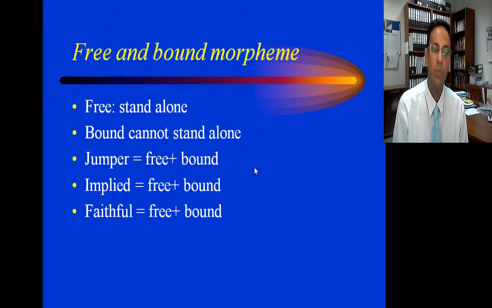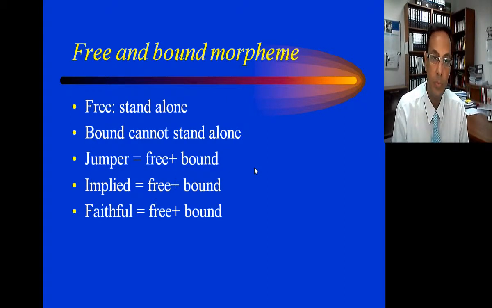For example, jumper is composed of jump and -er. Jump is a free morpheme because it can stand alone in a sentence, but you can't use -er alone in a sentence. So -er here is a bound morpheme.